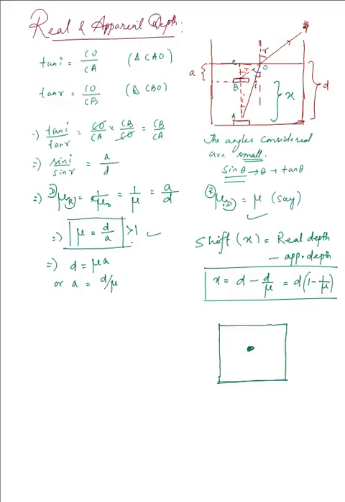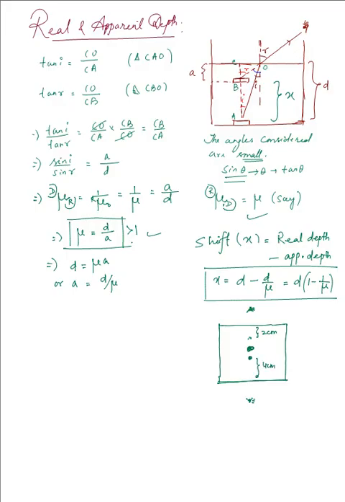Now, what happens is that if a person looks from the top surface, he finds the apparent depth to be somewhere at a distance of 2 centimeters in depth. And when he views it from the bottom surface, the apparent depth seems to be at a distance of about 4 centimeters.